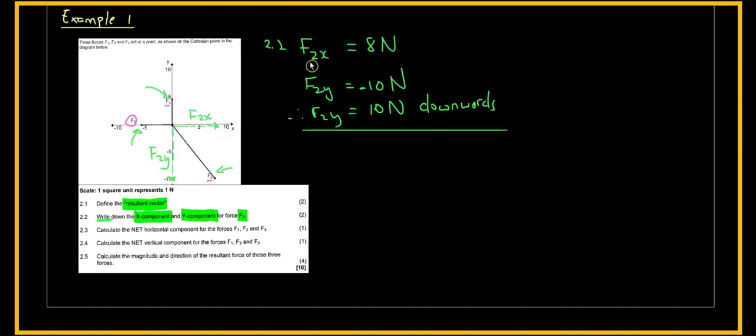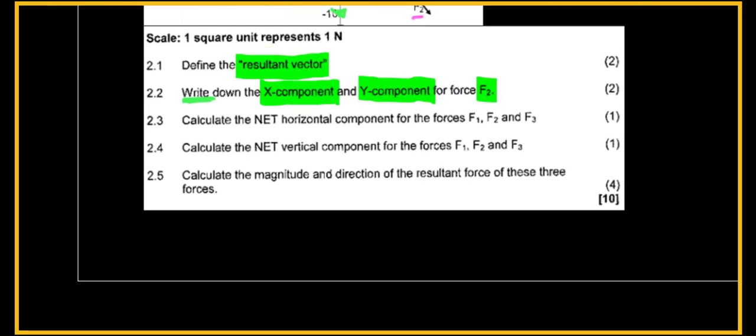Right, for 2.3, it says calculate the net horizontal component for F1, F2, and F3. In other words, what we have to do here is to add all the x components.